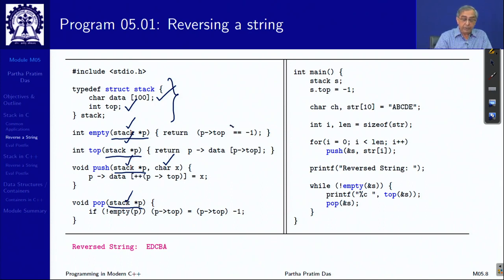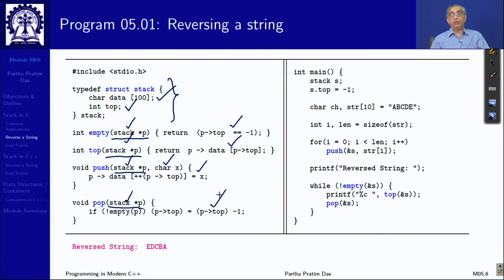So, here you check whether your top is equal to the initial value, here you provide the current top value, here you increment the top, get the next empty location in the array and put that element there.